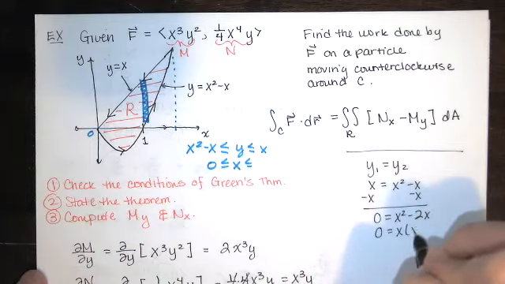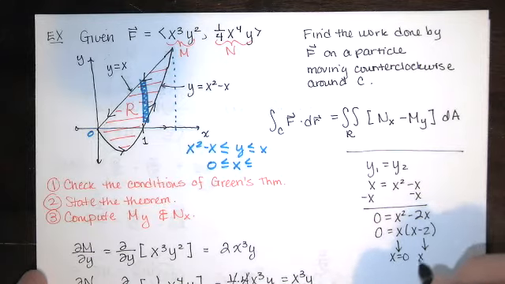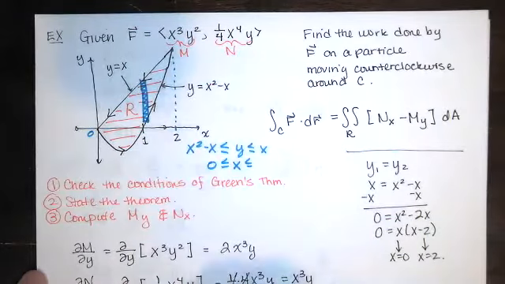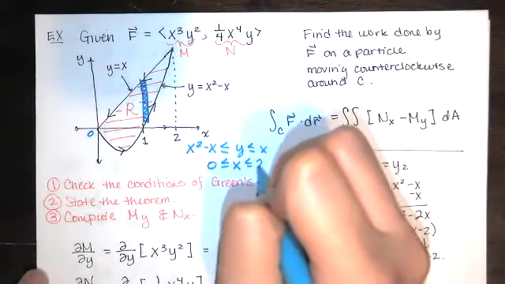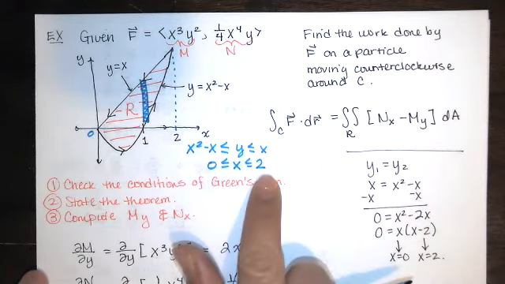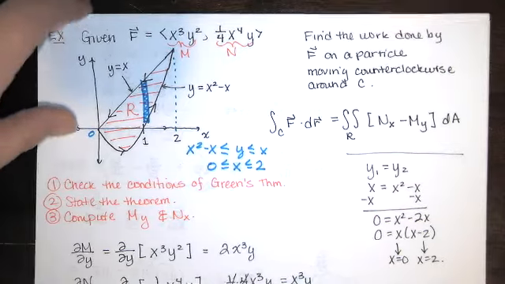Factor out the x. And we see either x equals 0 or x equals 2. Makes sense? It's consistent with our picture. Okay, so y is going from a function to a function, and x is going from a constant to a constant. So that means we have to integrate with respect to y first.